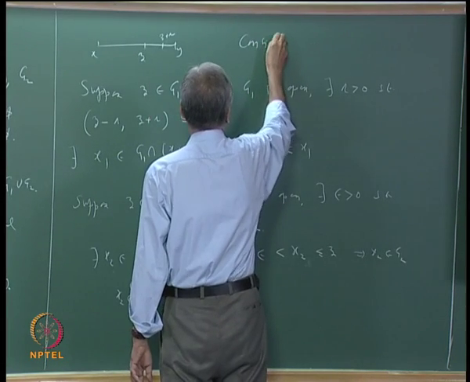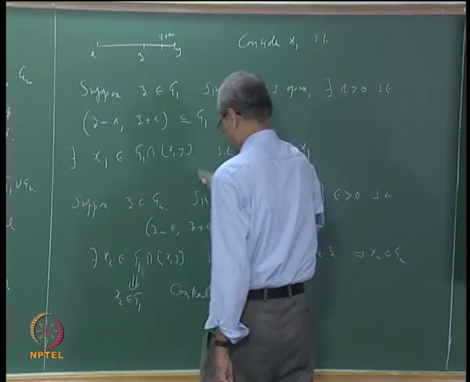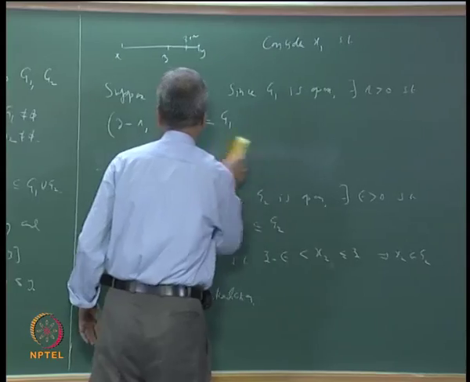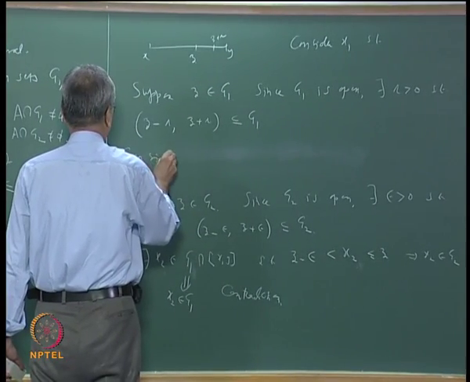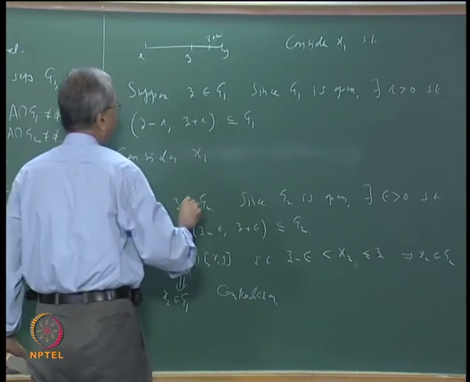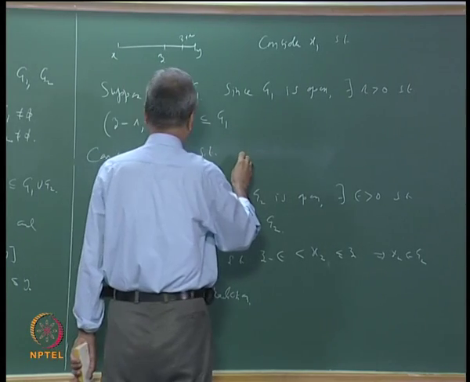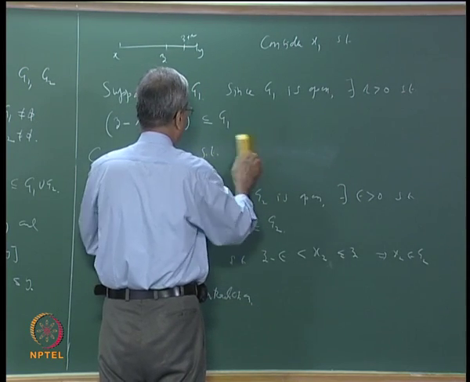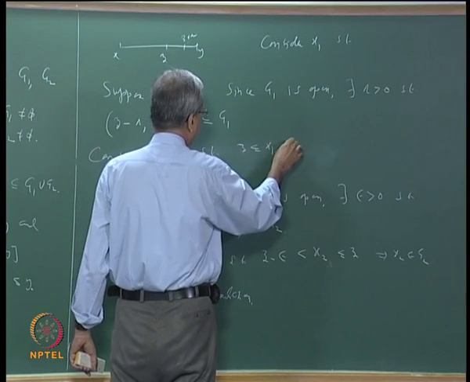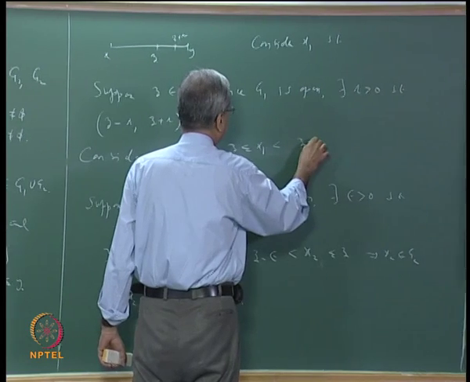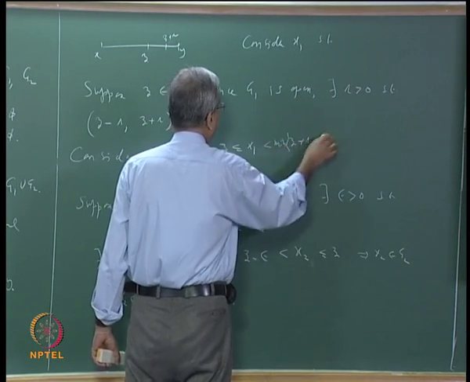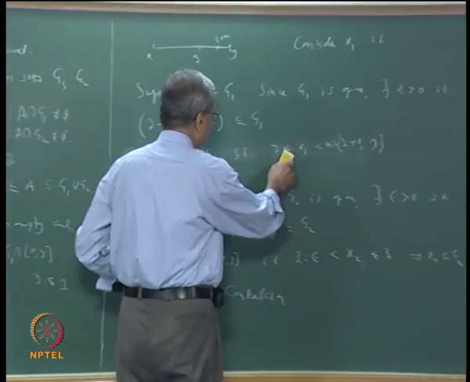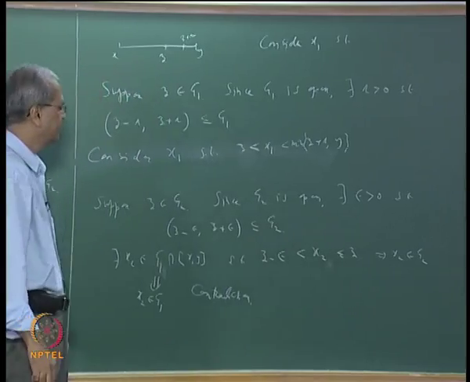Consider x1 such that z is less than x1, and it is strictly less than both z plus r and y, that is, less than the minimum of z plus r and y.